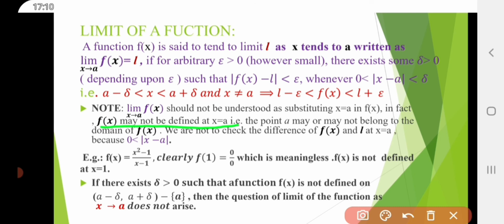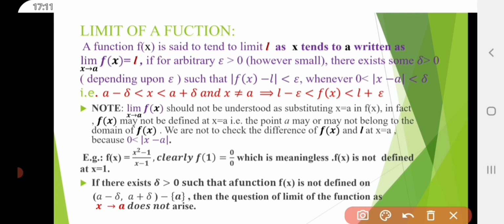That is, the point a may or may not belong to the domain of f of x. So, we are not to check the difference of f of x and L at x equal to a, because 0 is less than mod of x minus a.